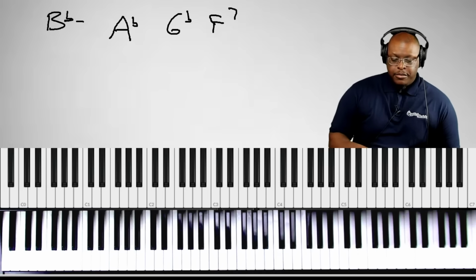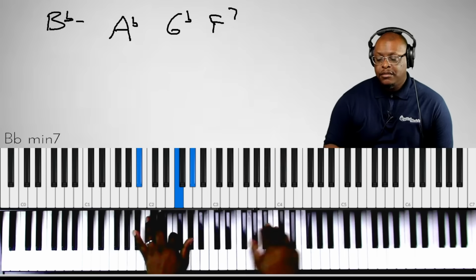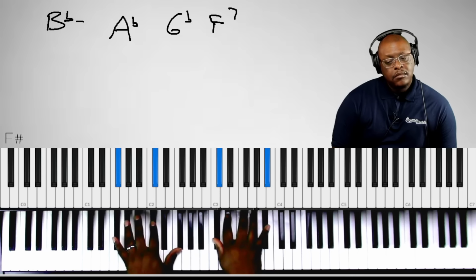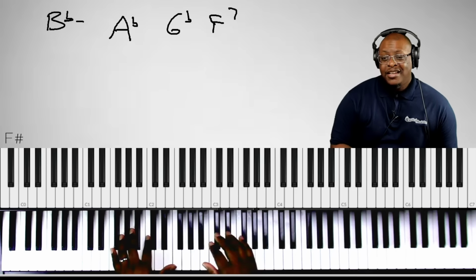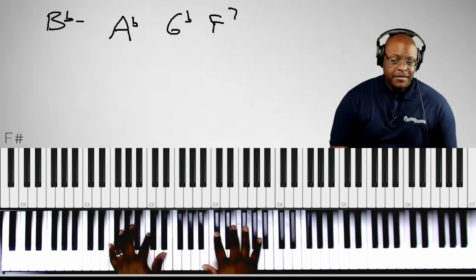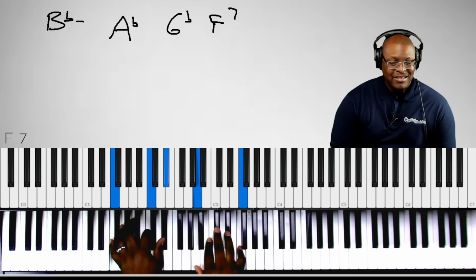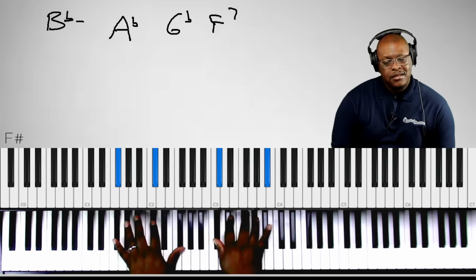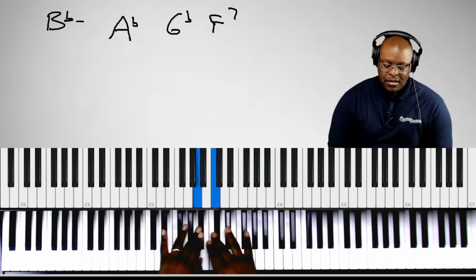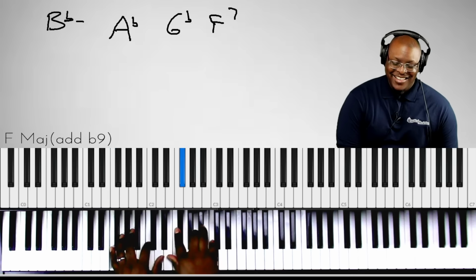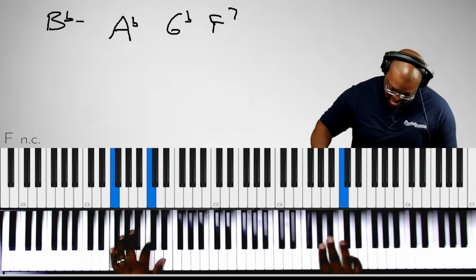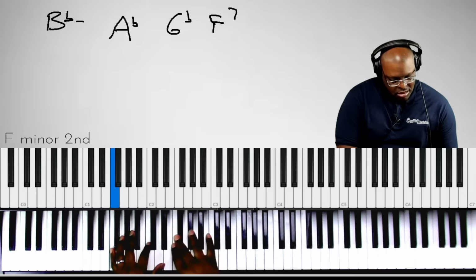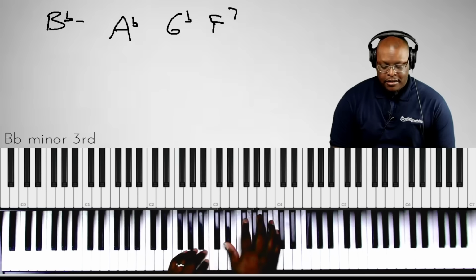All right, so here's how the progression goes. A simple progression. Then we'll do a dominant chord, F7. I like it.